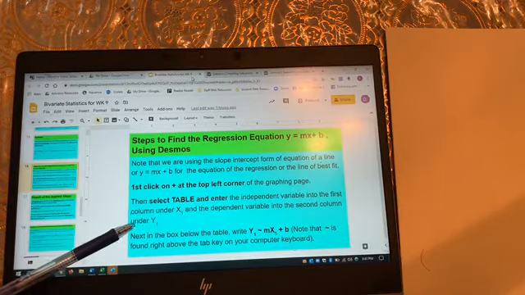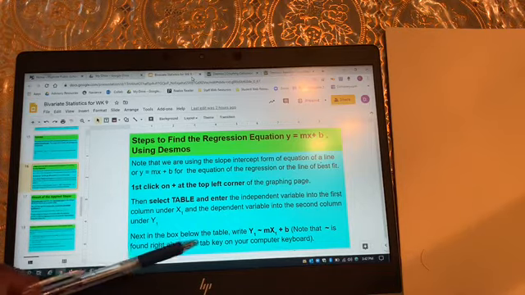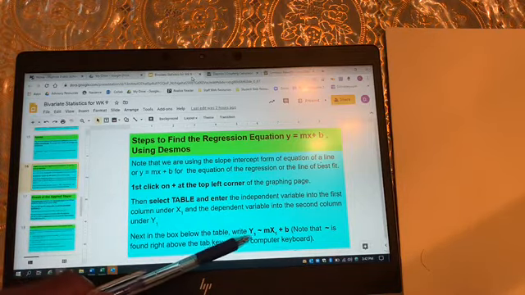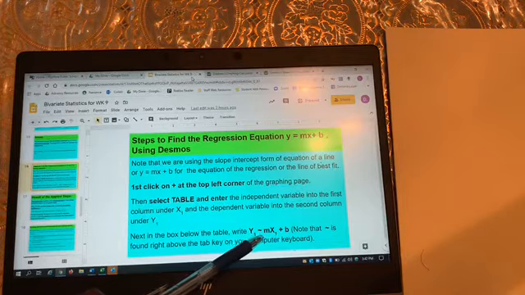y1. After we enter all the values, in the box below the table, we write y1, then this symbol, a wave-type symbol meaning approximately, then m x1 plus b. This symbol is sometimes called tilde.